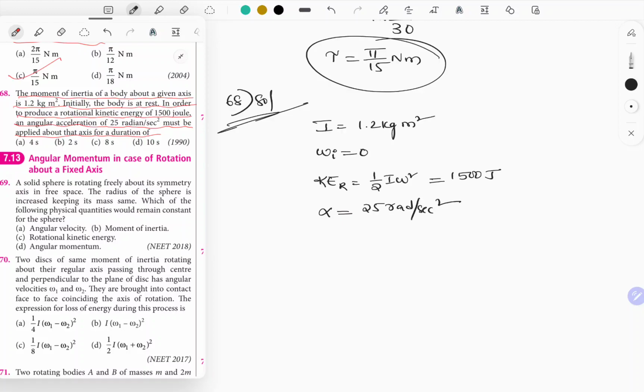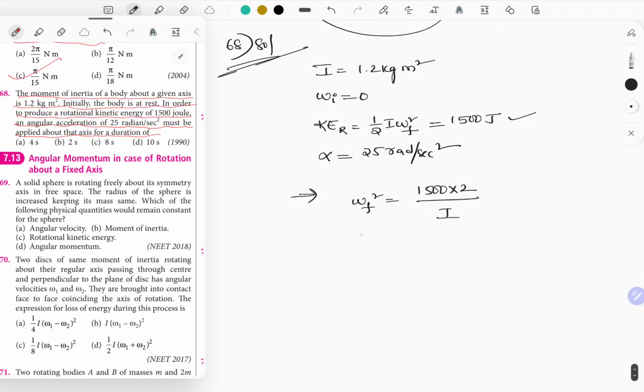First of all, try to find out final angular velocity at this energy. So this is omega final. Omega final square is equal to 1500 into 2 divided by moment of inertia. So omega final is equal to root of 1500 into 2, which is 3000, divided by 1.2. 1.2 is 12 by 10.